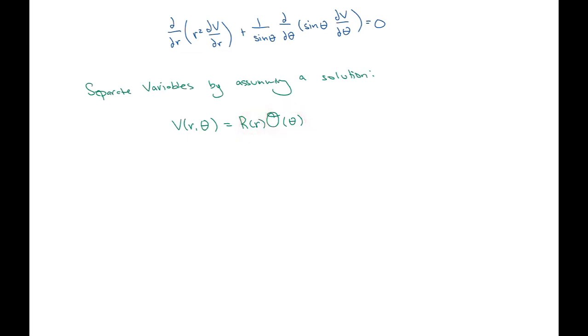If I plug that into Laplace's equation, I'm going to do that one term at a time. That gives me this term. I can pull out of this first set of derivatives the theta function because that particular function does not depend on r.